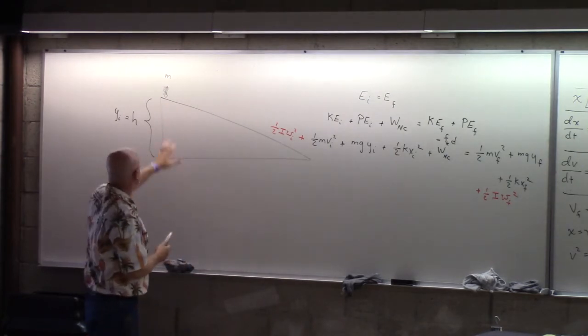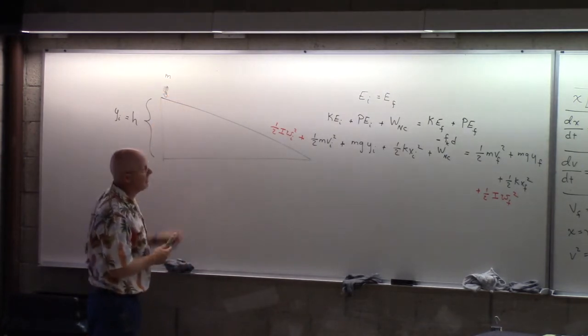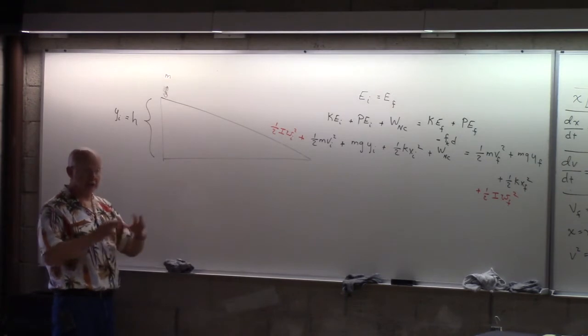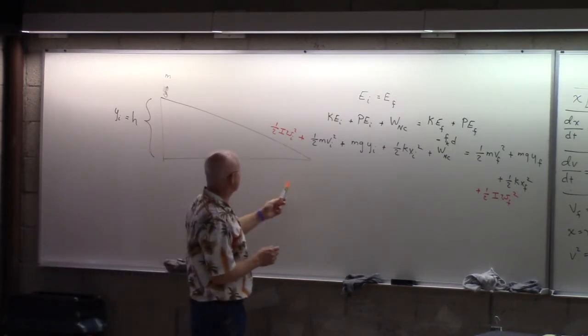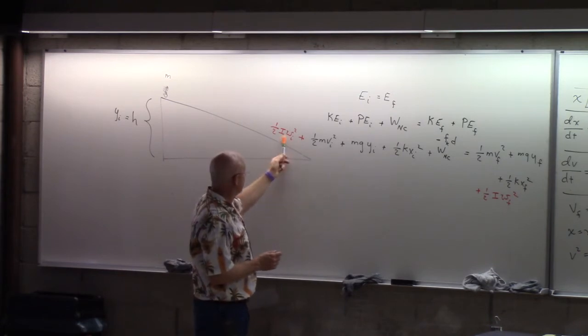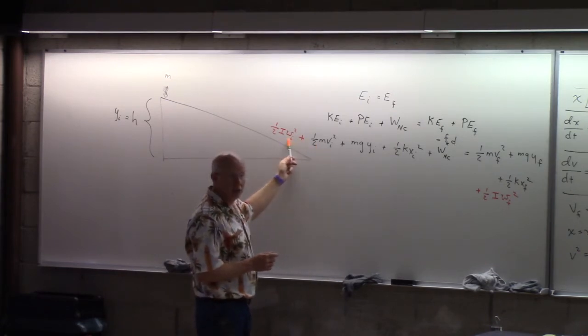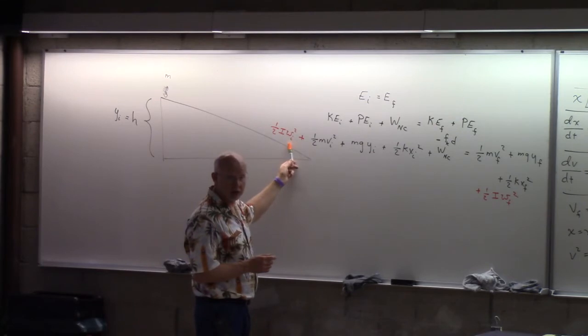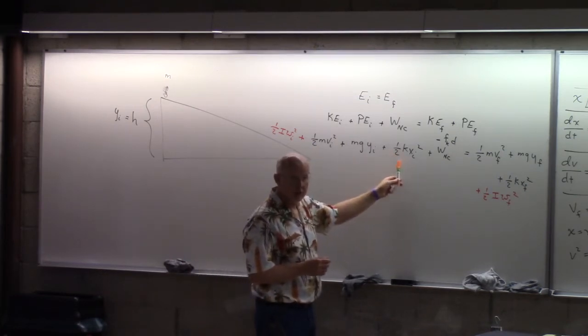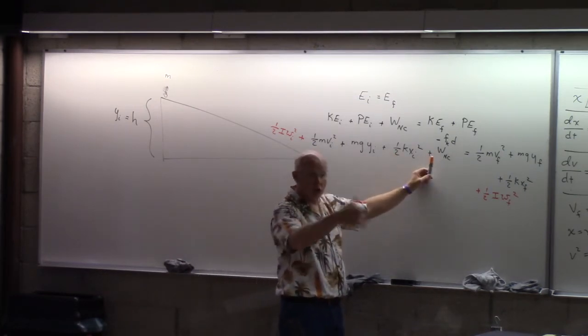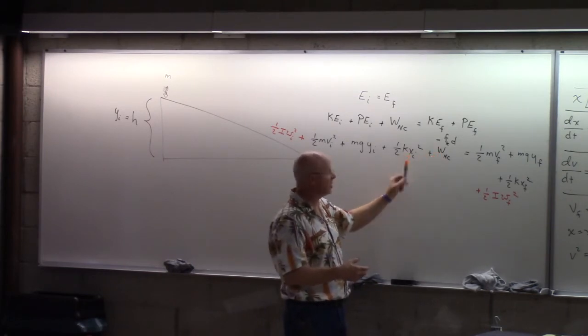So I'll say it again. Here's my problem. I got something up at the top, and then I just let it go. So when I take it up to the top here, I'll say there's a 0 kinetic energy for translation and a 0 for rotation. There's no springs, and I'm going to say it rolls without slipping, so there's no friction.